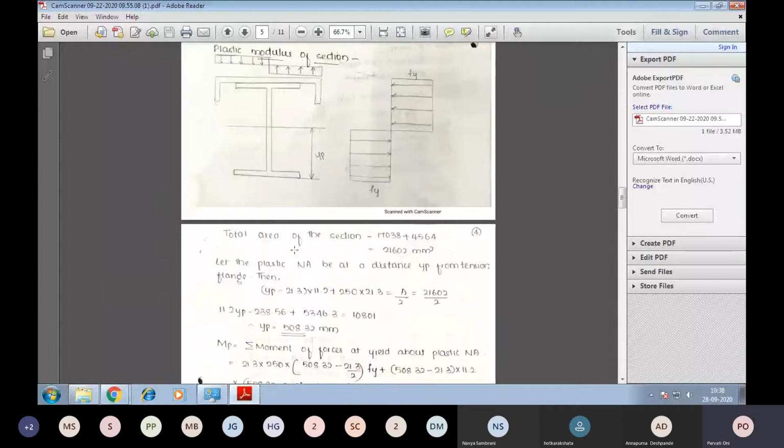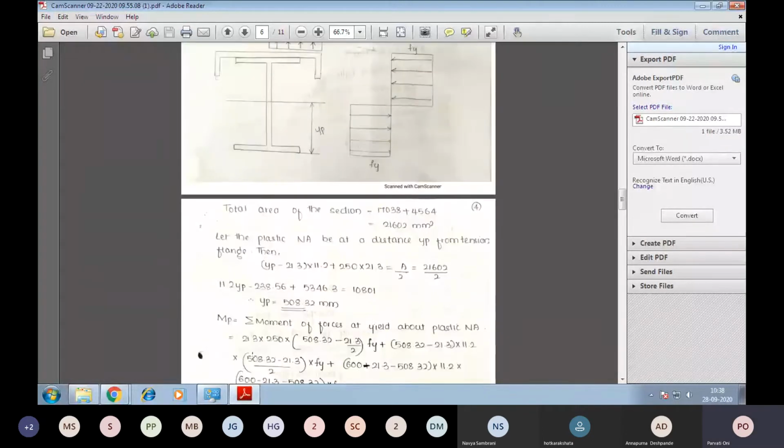Now we shall calculate. I will start with this flange section. It will be area into distance, right? Area is 250 into 21.3. This equation is from the bending stress equation. So directly I will calculate the MP.